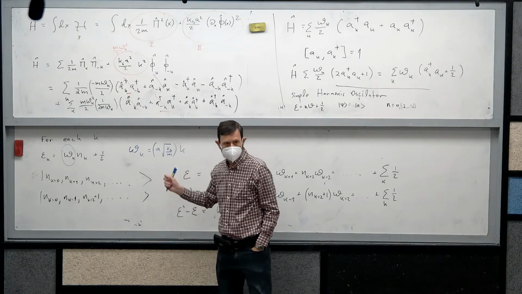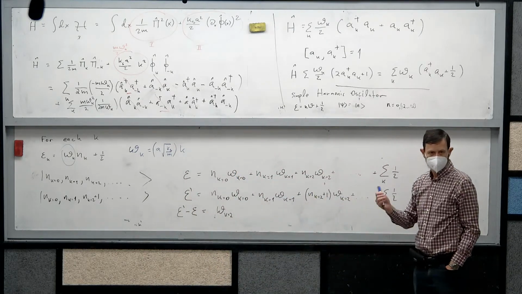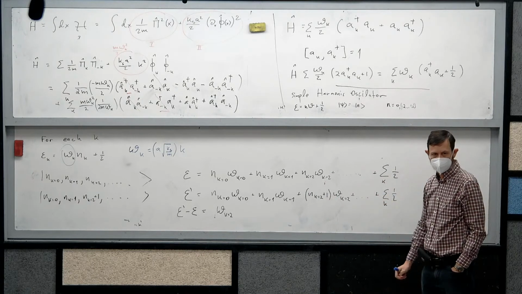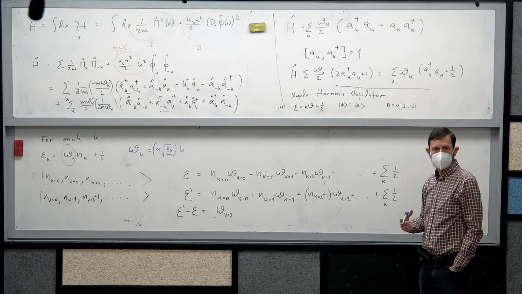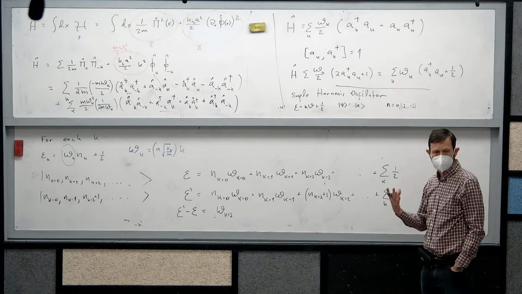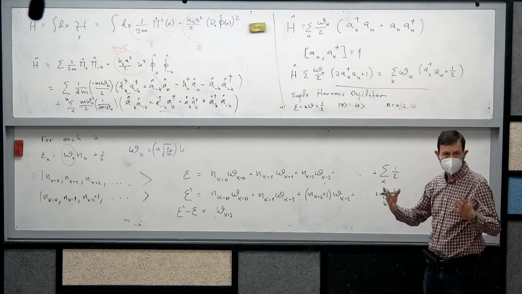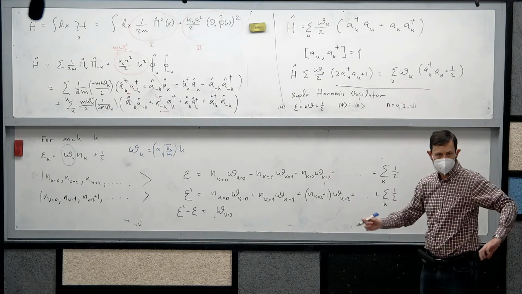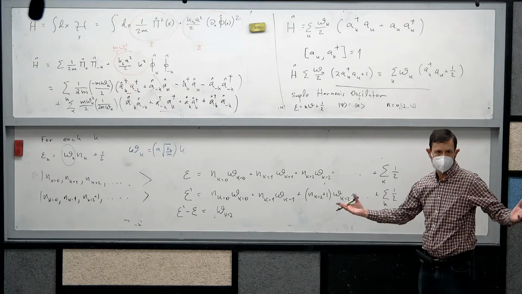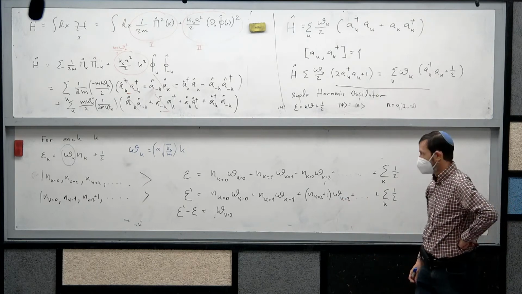The smaller the k, the less energy it costs me to create such a particle. And basically, I can create a particle with as small energy as I want, as long as my system becomes infinite, because that's the quantization of k there.